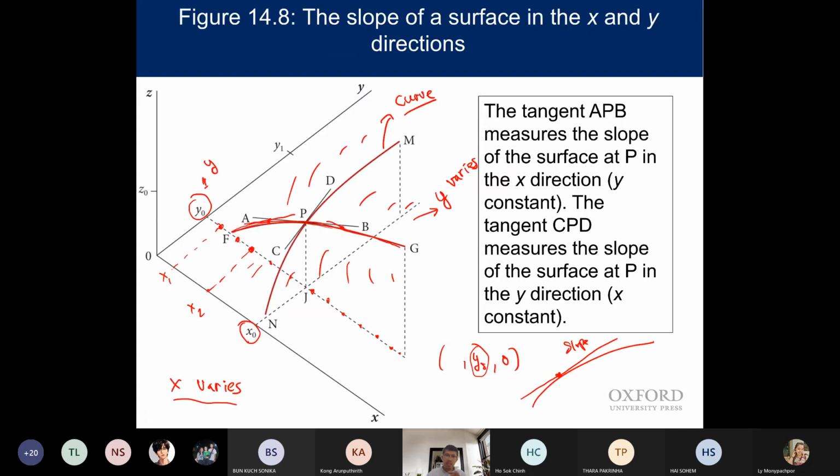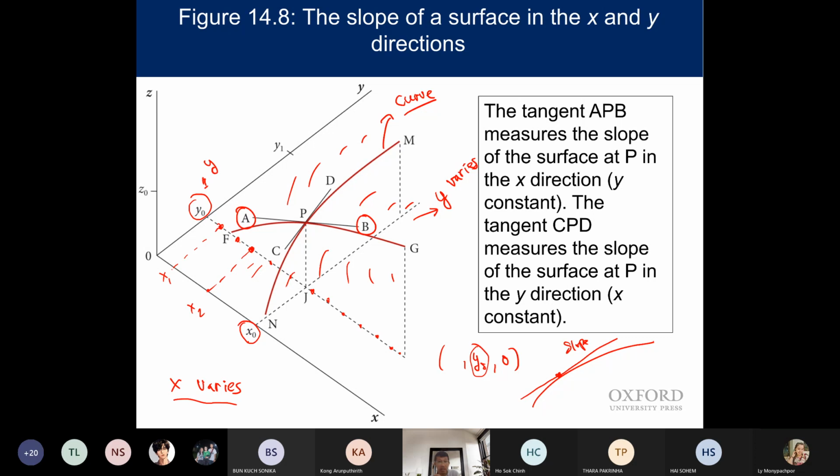Okay, so if you take a look at this figure, we want to find the slope at the point P. We want to find the slope of this curve at the point P in x direction. X direction is actually the slope of the tangent line AB, right? In x direction, you walk along the surface, starting at y0 and walking along the x axis.